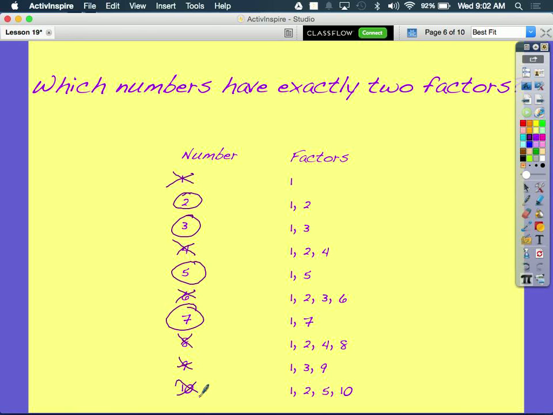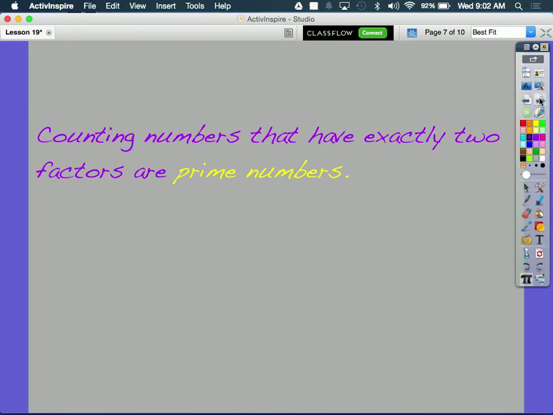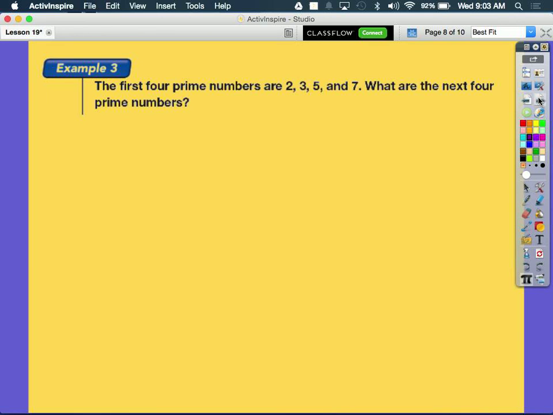So 2, 3, 5, and 7 have 2 factors each. Okay, counting numbers that have exactly 2 factors are called prime numbers. So remember, 1's not a prime number because it only has 1 factor. It's just 1.